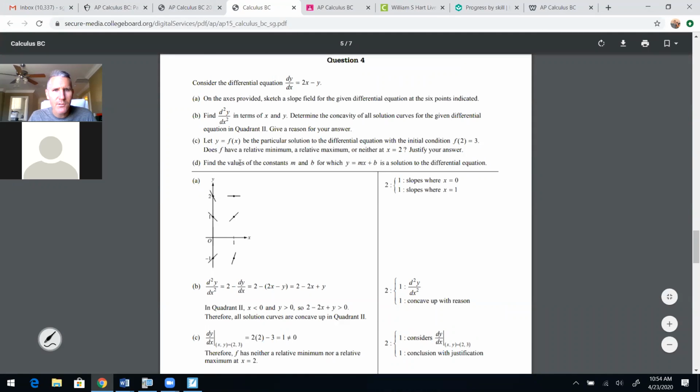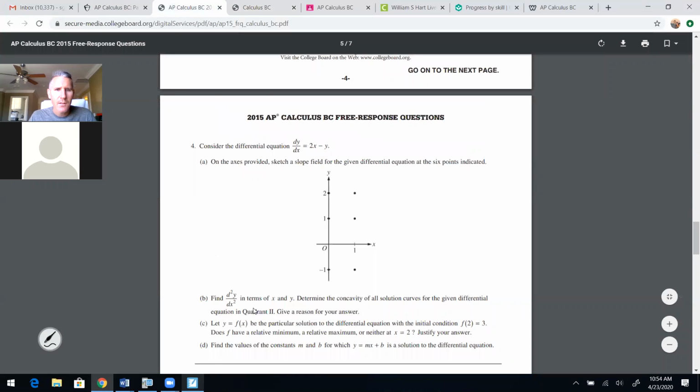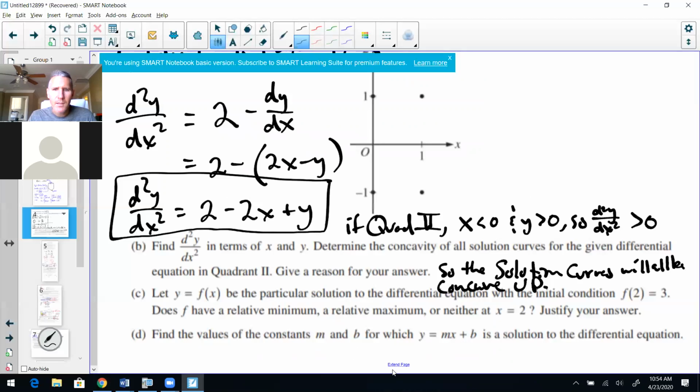D says find the values of the constants m and b for which y equals mx plus b is a solution to the differential equation. Sorry, let me go back to this. Is a solution to the differential equation.